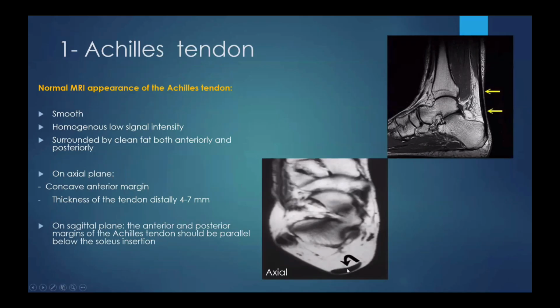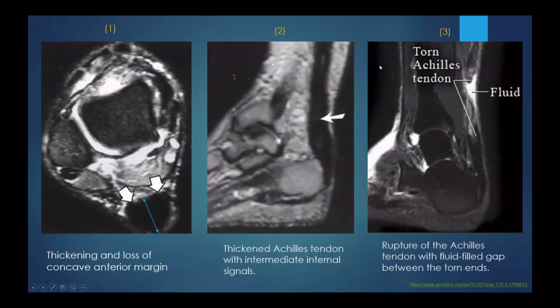The normal thickness shouldn't exceed 7 millimeter. On the sagittal plane, I should see a parallel line of the anterior and posterior margin of Achilles tendon below the level of soleus insertion. Let's see an examples.